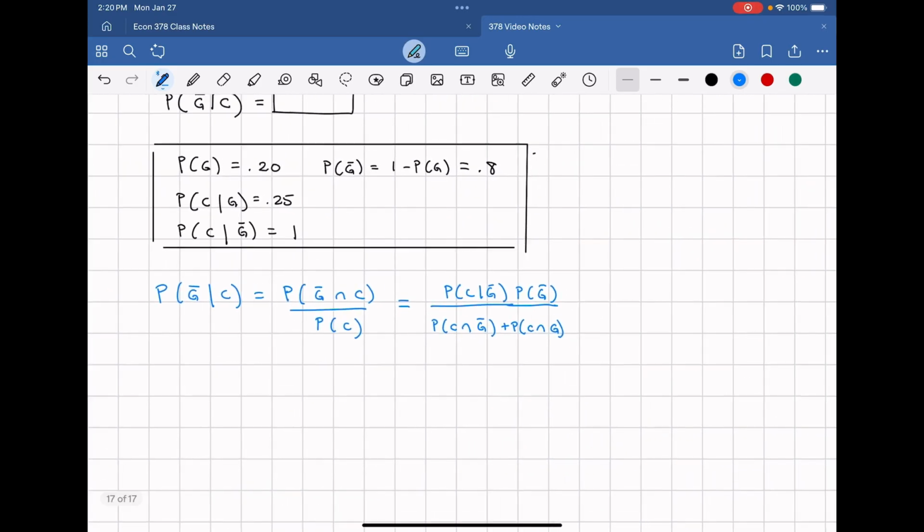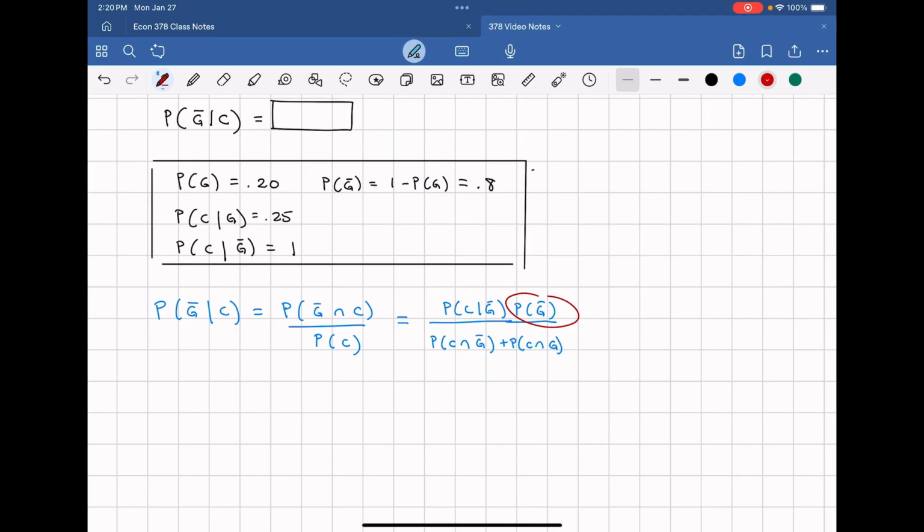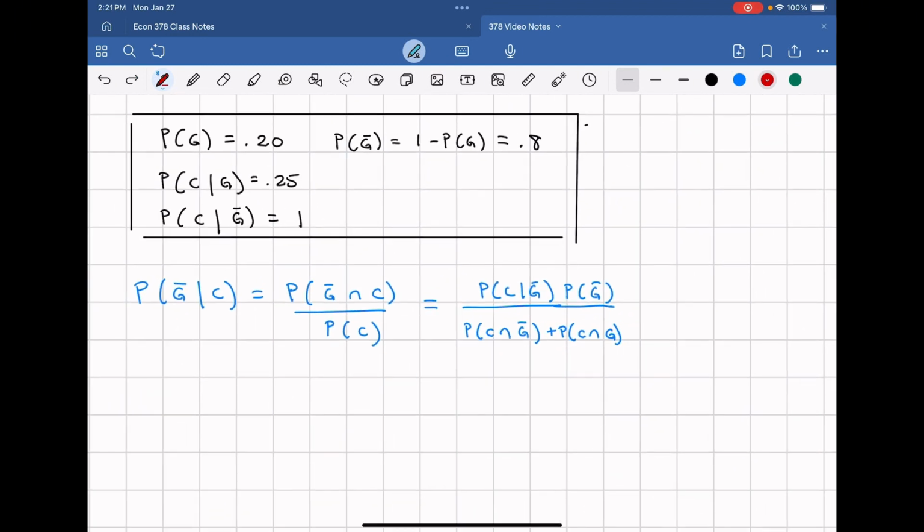Now when we look at the information we know, it looks like we know the probability that she didn't guess is right here. The probability of getting it correct, given that you guessed, is right here. So now we just need to think about this denominator, and we don't quite have these terms. So let's go ahead and use Bayes' law one more time to write out this denominator. This is equal to, let's keep our numerator the same since we know what those numbers are, correct given that you didn't guess, times the probability that you didn't guess.